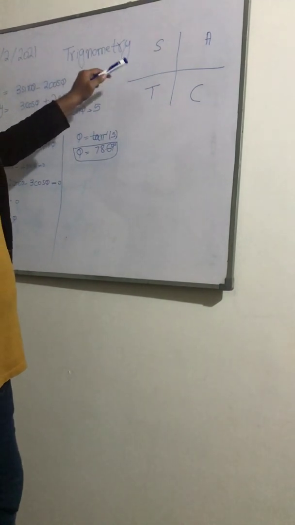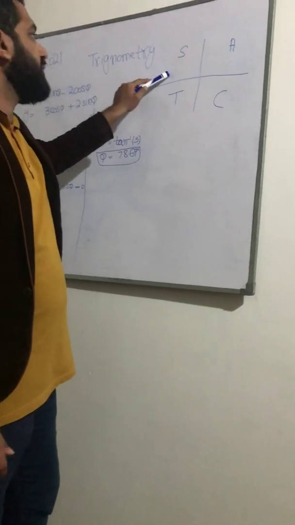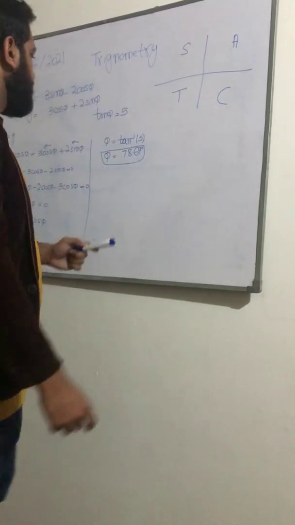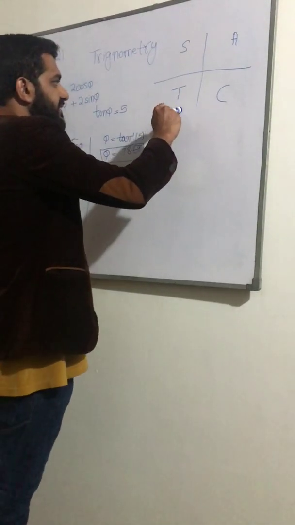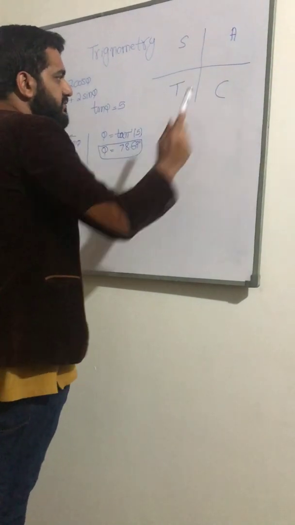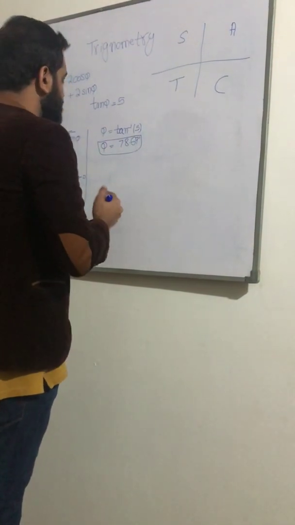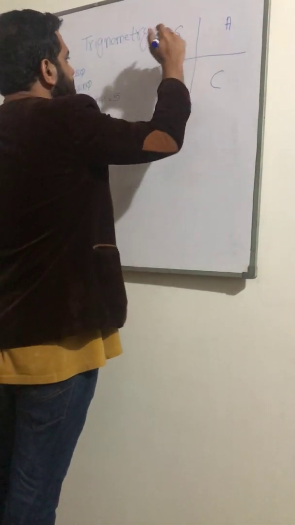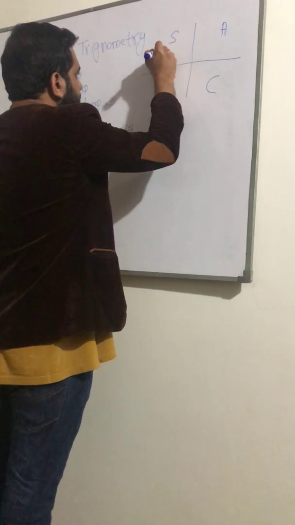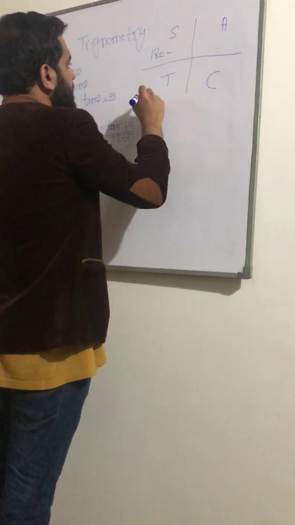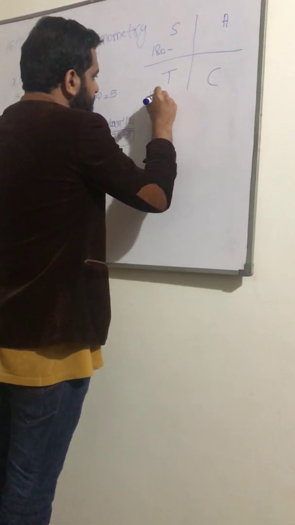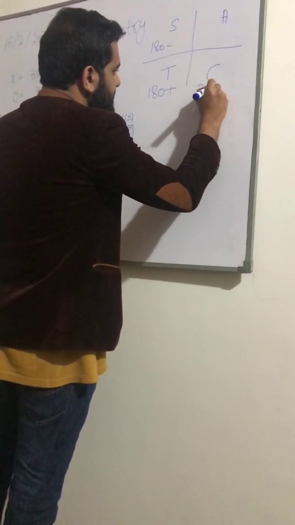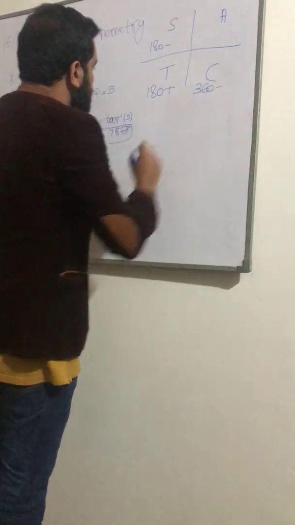Whereas in the second quadrant, only sine will be positive, and the rest of the functions will have a negative answer. Now in the third quadrant, the answer of tan will be positive, and in the fourth quadrant, the answer of cos will be positive. Now you have to do one more thing here. In the second quadrant, you will subtract the angle from 180, in the third quadrant you will add 180 to the angle, and in the fourth quadrant you have to subtract your angle from 360.